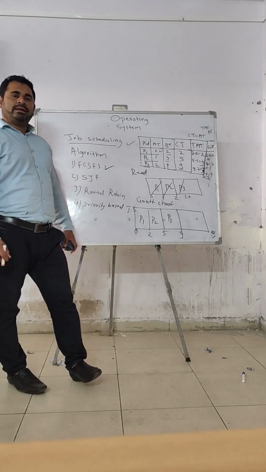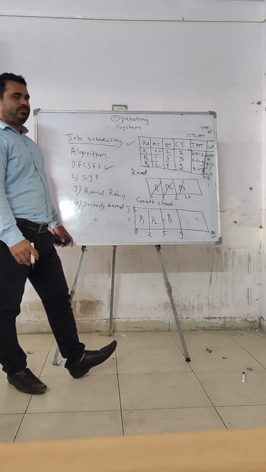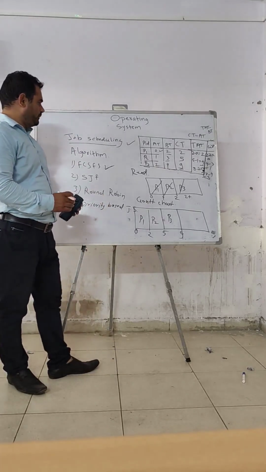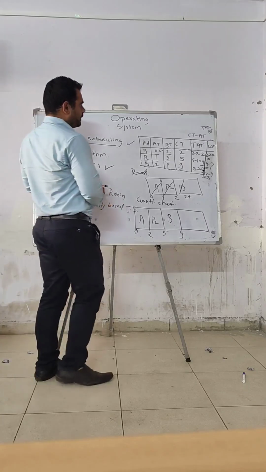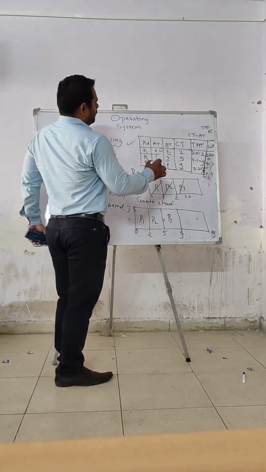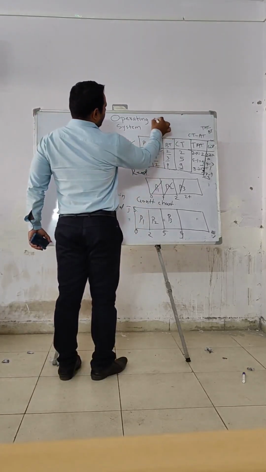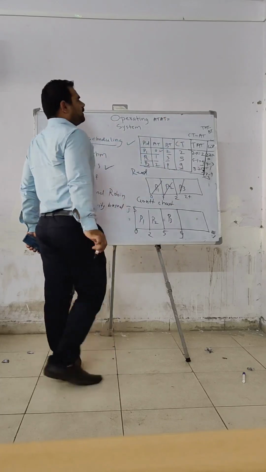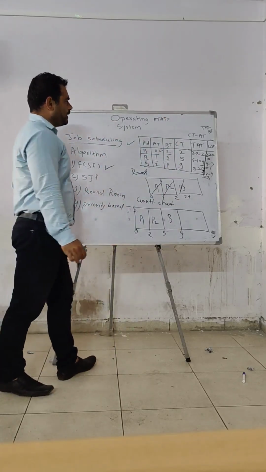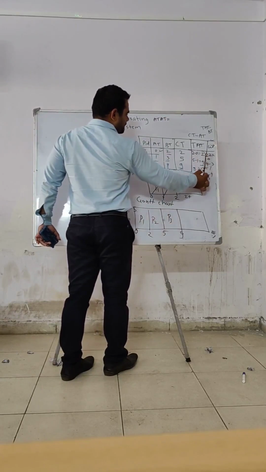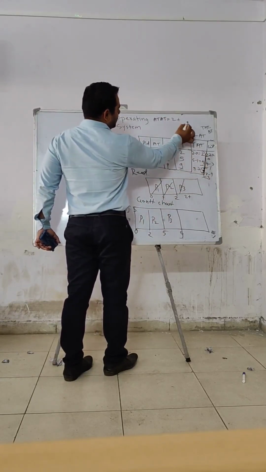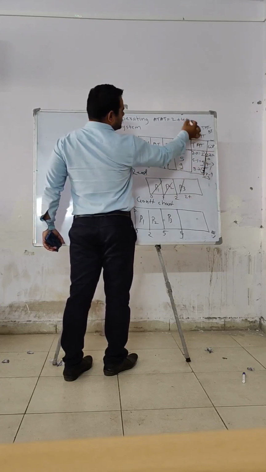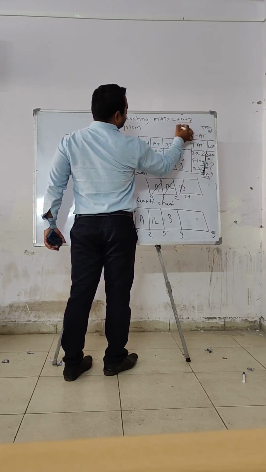Now we will calculate the average turnaround time and average waiting time. See here, average turnaround time is equal to the average of these three: 2 plus 4 plus 7, divided by 3.